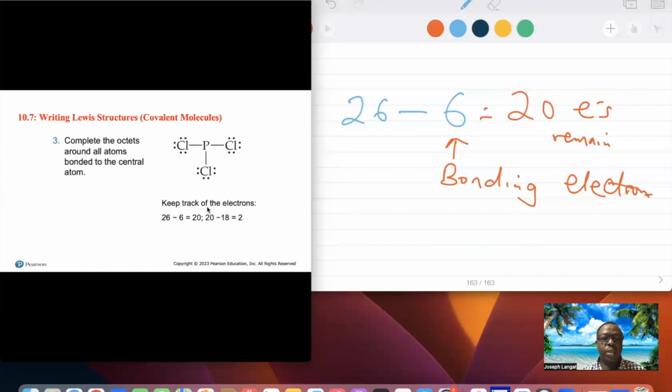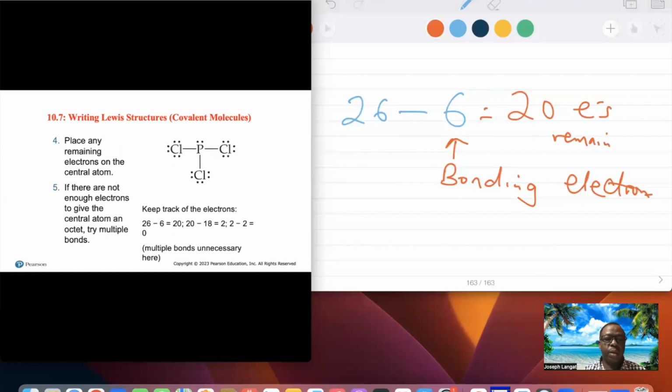So we distribute from the remaining 6, 6, 6. So 20 minus 18, whatever is left, just put it on the central atom. Once you satisfy the octet rule on the external atoms, you put the rest on the central atom, and the 2 electrons now are on phosphorus, and nothing remains.